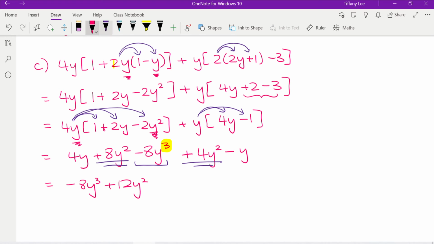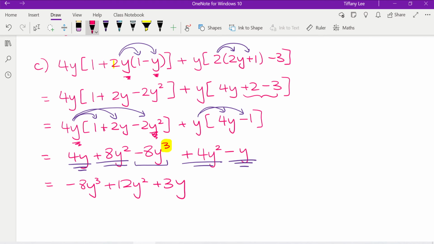And then let's see if we have any other terms that we need to combine, and we have 4y. That's y to the power of 1, and we also have another y to the power of 1 here, which is negative 1y. So 4 minus 1 is positive 3y. And there you go. So this one, same idea, right? It just seems a bit longer.